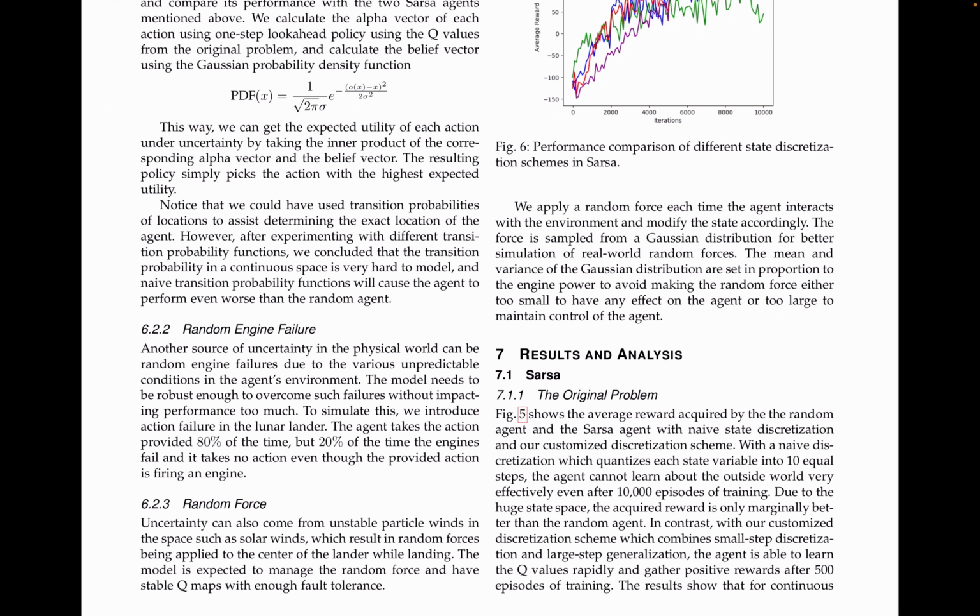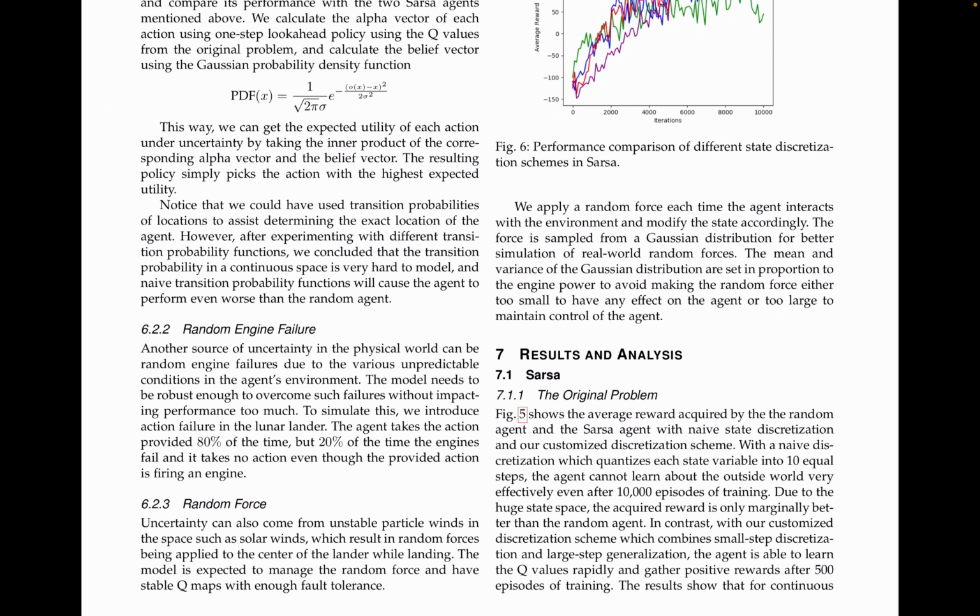In contrast, our customized discretization scheme, which combines small step size discretization and large step size generalization, lets the agent learn the Q values rapidly and gather positive rewards after 500 episodes.